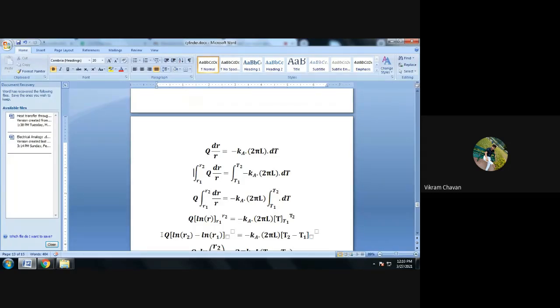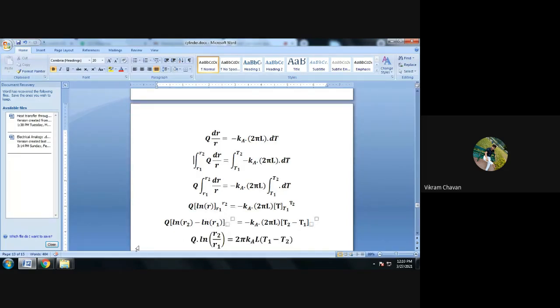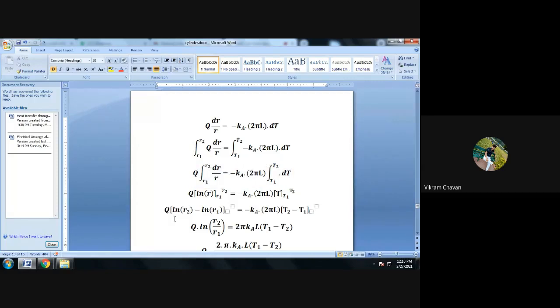Then, with the mathematical operation, ln of R2 minus ln of R1 becomes ln of R2 divided by R1, equal to, taking the negative sign inside the bracket, 2 pi K suffix A multiplied by L into bracket T1 minus T2. Is everyone getting this?